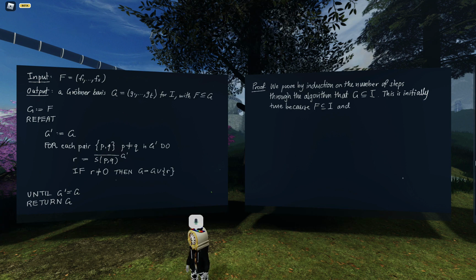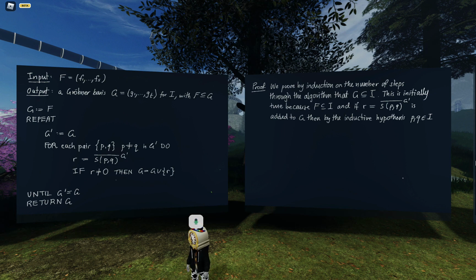and if some remainder is added to G, well, by the inductive hypothesis, P and Q, which are in G prime, which is G from the previous step, those are in I, because G in the previous step was proved to be contained in I. That's the inductive hypothesis.